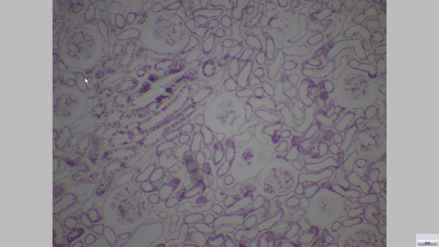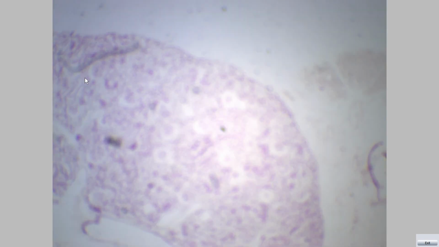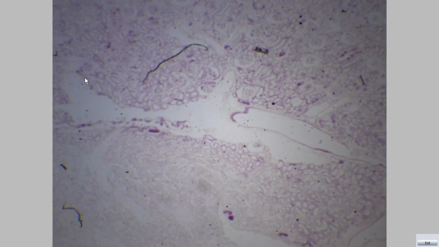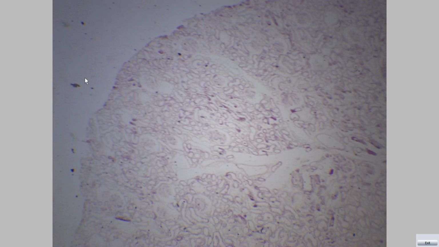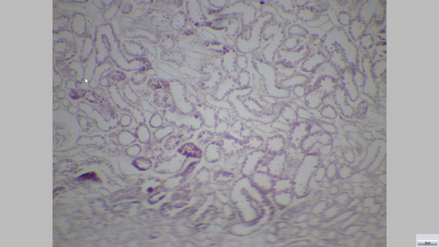Second slide is another section in a human kidney, but stained by periodic acid Schiff reaction. This is kidney.